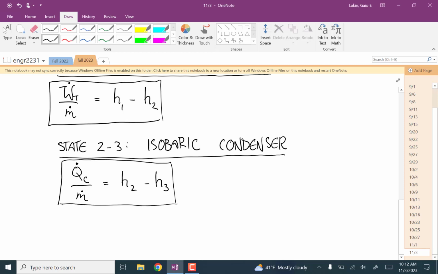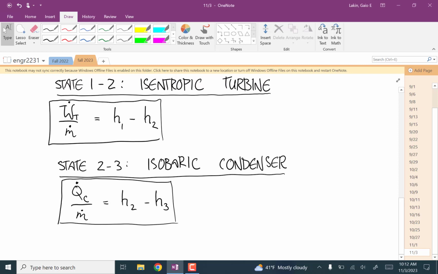And remember that in these derivations, one important step was that we started with the control volume form of the first law. We did it all with the control volume first law. And in one of the important steps, we had to think about, okay, now when we talk about the condenser, we're talking about QC leaving the system. How does that relate to the sign convention of the first law?